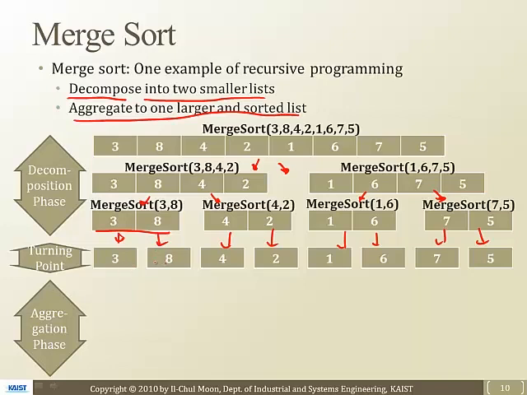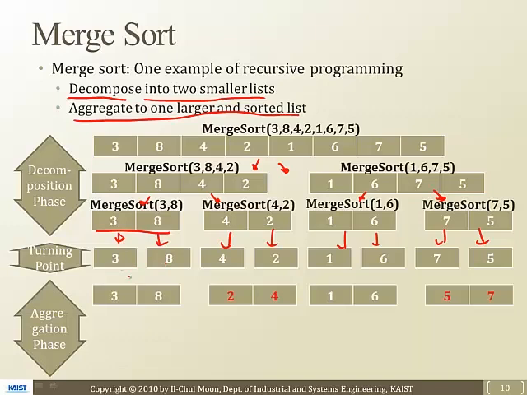So 3 and 8, compare these two, and they are aggregated as 3, 8, and we compare 4 and 2, and we aggregate 2 first and 4 later, and 1, 6 like this, 7, 5. So in the aggregation part, there is a small comparison part, right? And then we are going to aggregate this.